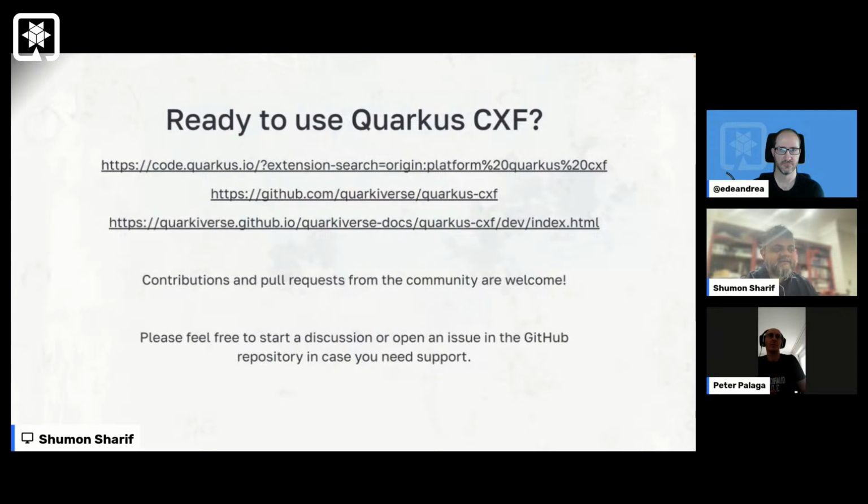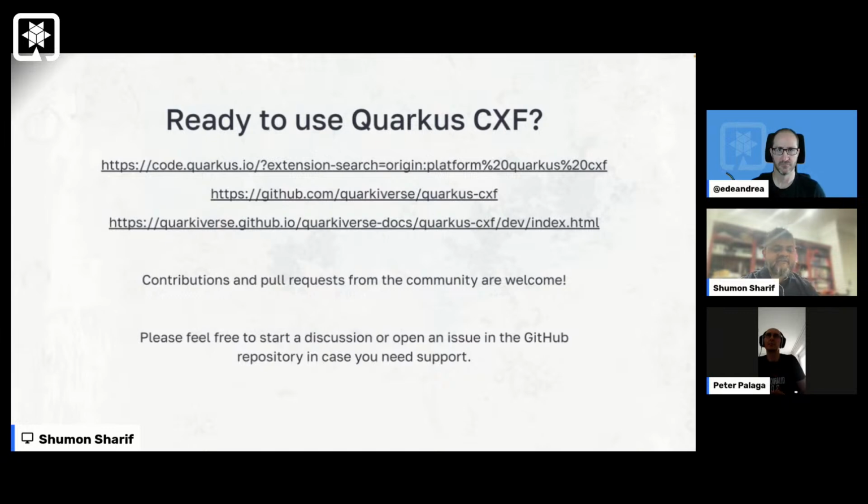And finally, hopefully you're ready to use Quarkus, and this presentation was helpful. Some links here, right? Peter had earlier shared how to go to code.quarkus.io to initialize your project. We have the GitHub link to the Quarkus CXF extension, and the documentation as well.